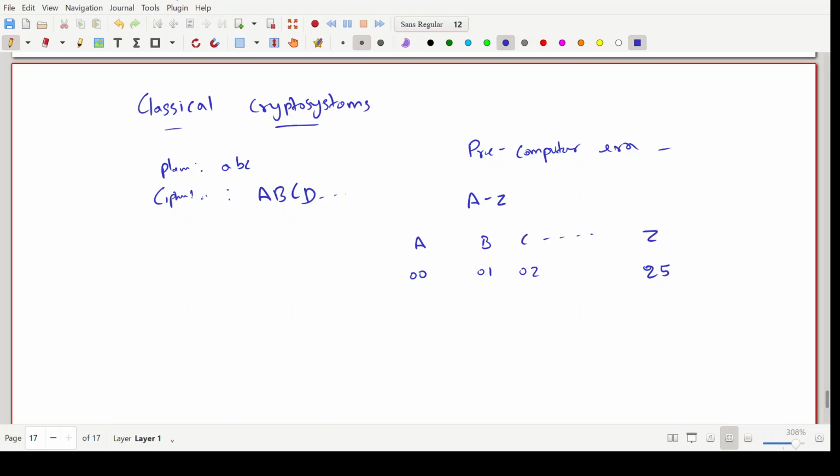So there are a total of 26 alphabets. If you want to include space, then you can put comma, that will be 26, exclamation mark, that is 27. So it depends on your ciphertext. If you want to put space, then you can increase your modulus, but here, for simplicity, we are just going to consider only the alphabets from A to Z.